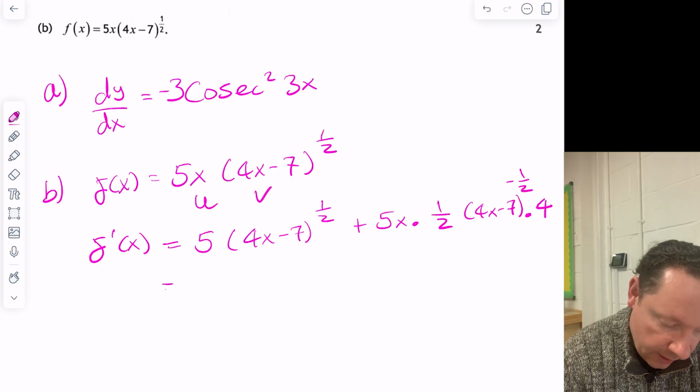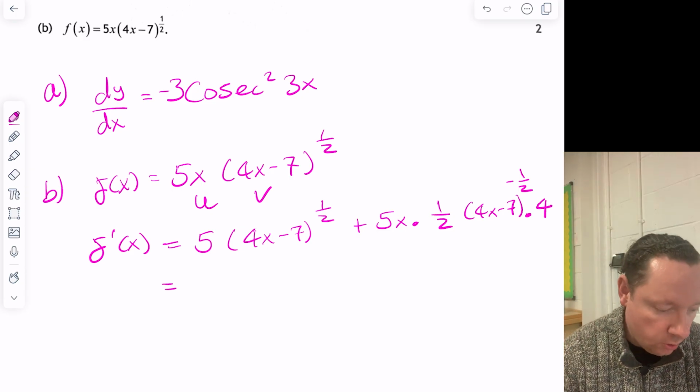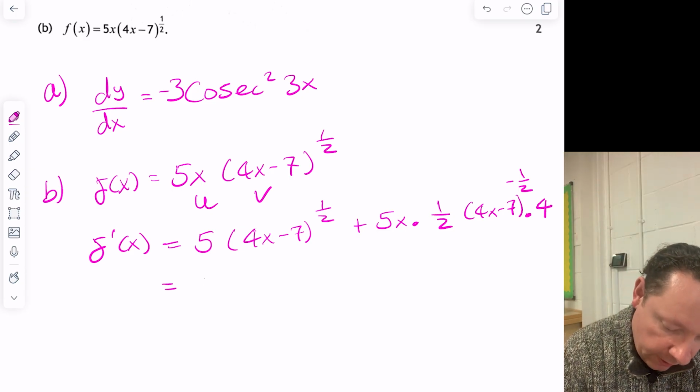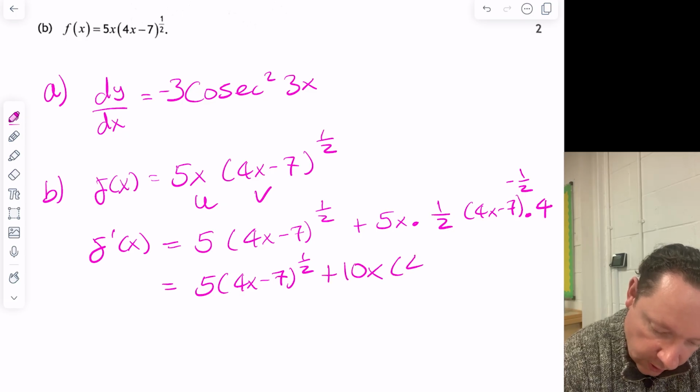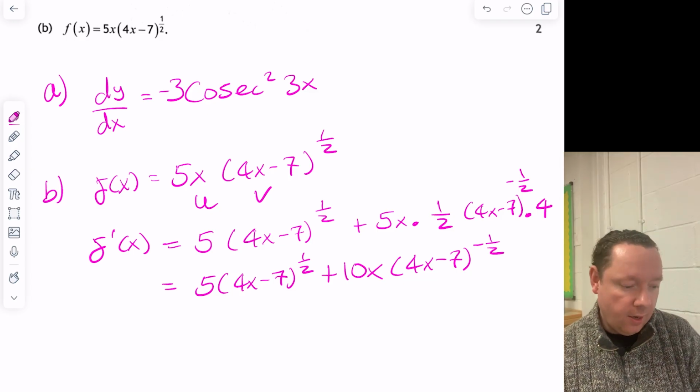So tidying that up as much as we want to, we've got 5(4x minus 7) to the half. Half of 4 is 2, 2 5s is 10. So 10x(4x minus 7) to the minus a half. And I think you'll probably get your marks there.